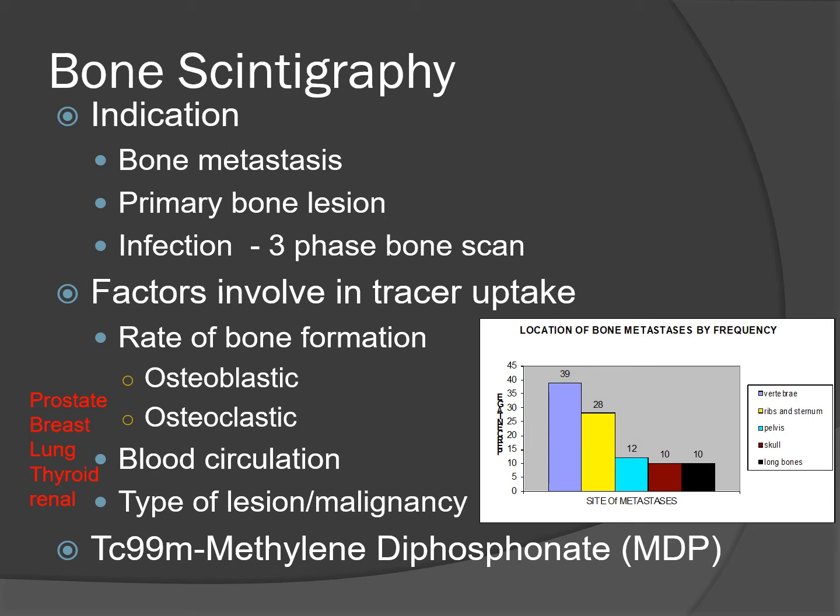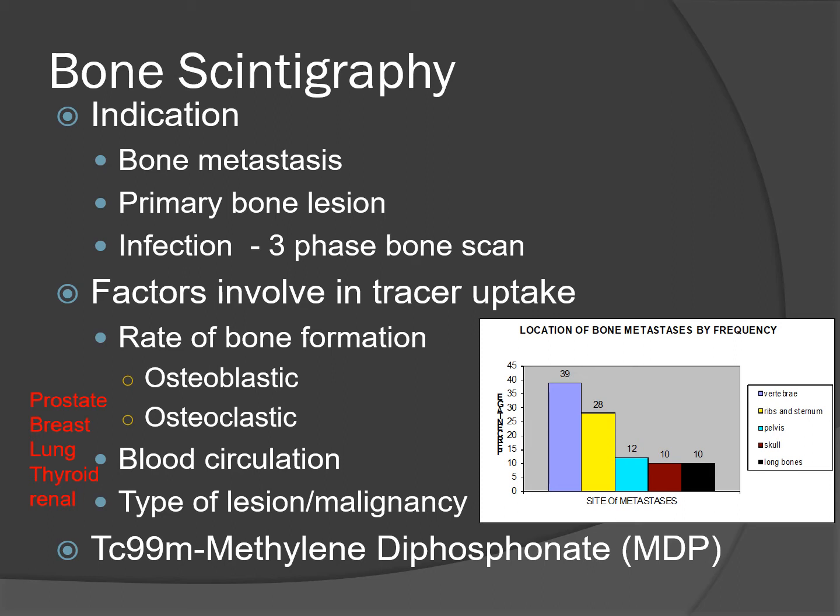As you know, cancer cells in the bone multiply 4 to 8 times more than normal bone cells. So there will be more osteoblastic activity, and we will see more radiopharmaceutical uptake in that area. The second factor is blood circulation. If there is no blood circulation, there will be no uptake.